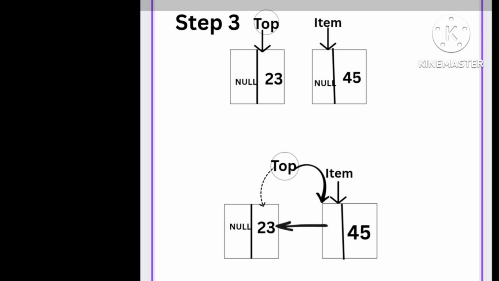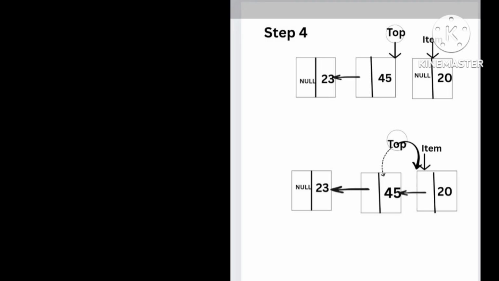So the item node 45 is now linked to the stack, and the top pointer will now point to the item node 45 on the stack. In this way, other nodes can be inserted onto the stack.